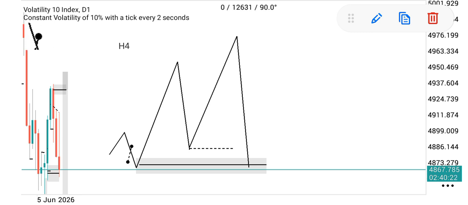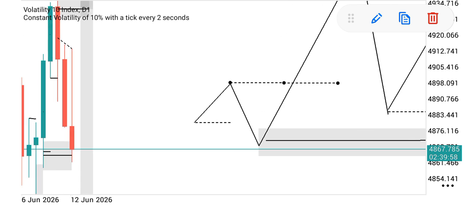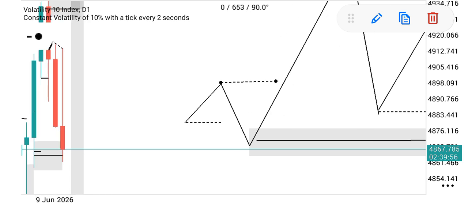So the upside, sweep of liquidity. I have my break of structure, which is this. My break of structure, which is this.